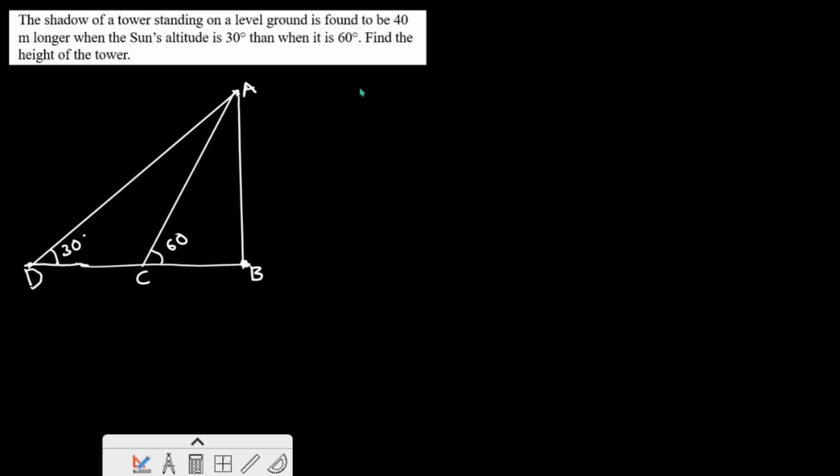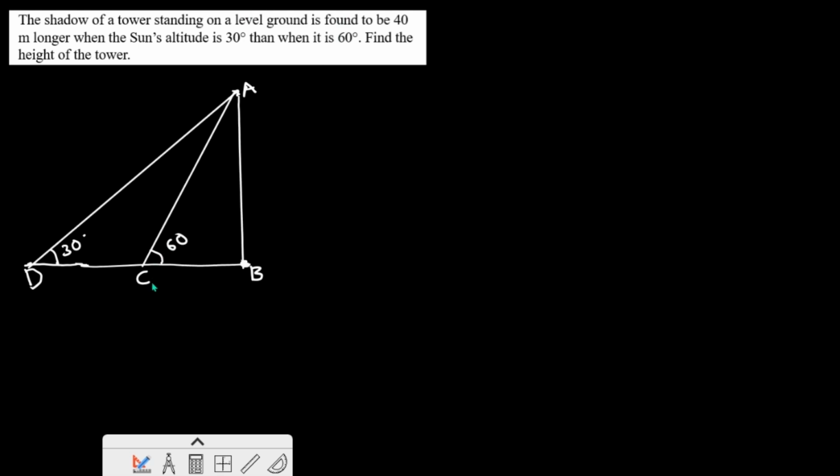When the sun is at 60 degrees, the point is closer to the tower, because the shadow will be very less. We can see in the middle of the day, where the sun is at 90 degrees, we don't see any shadow. But if the sun is on this side, we get the shadow on this side, and if the sun is on that side, we get the shadow on the other side.